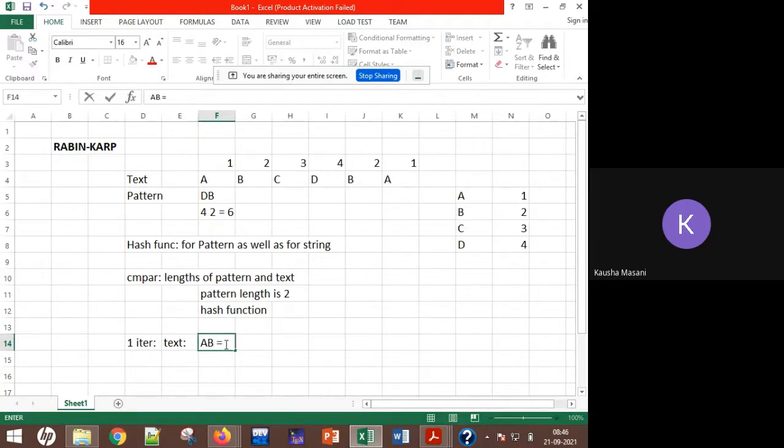The addition of AB is 1 plus 2, which is 3. And the hash function of my pattern DB is 4 plus 2, that is 6. Now 3 is not equal to 6.